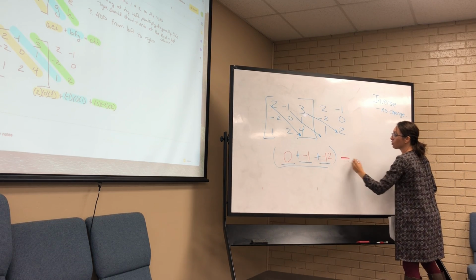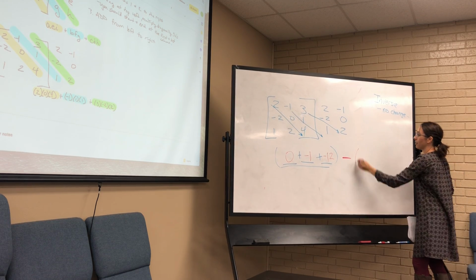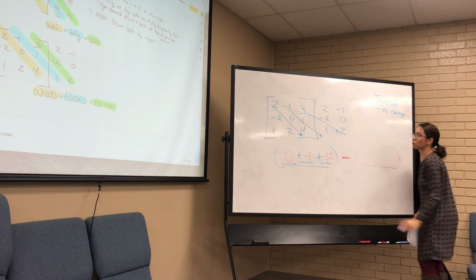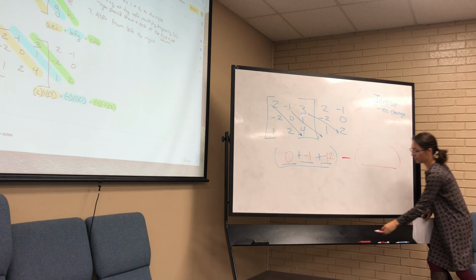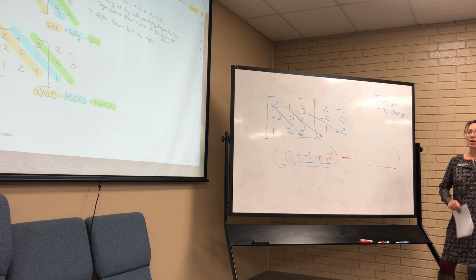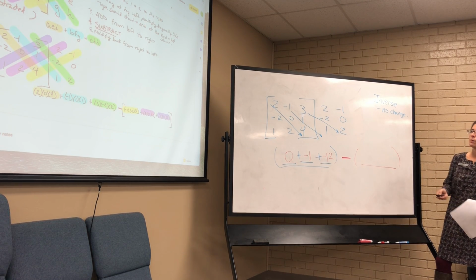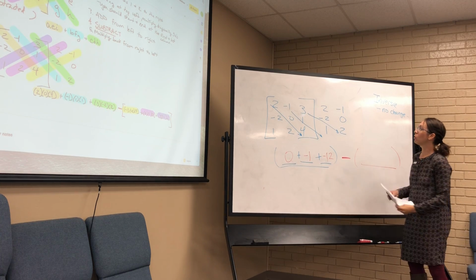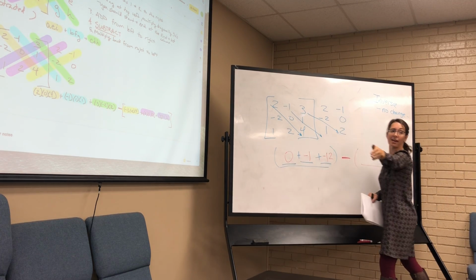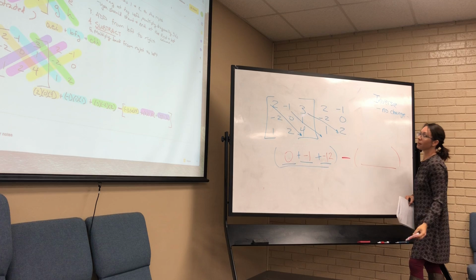Now we have our subtraction sign. Our subtraction sign is subtracting everything that is going back the other direction. Okay? So now we're going to move right to left, and we're going back doing the exact same thing.